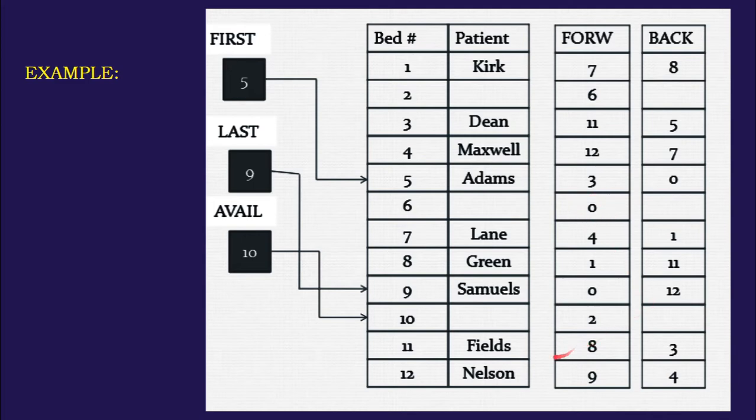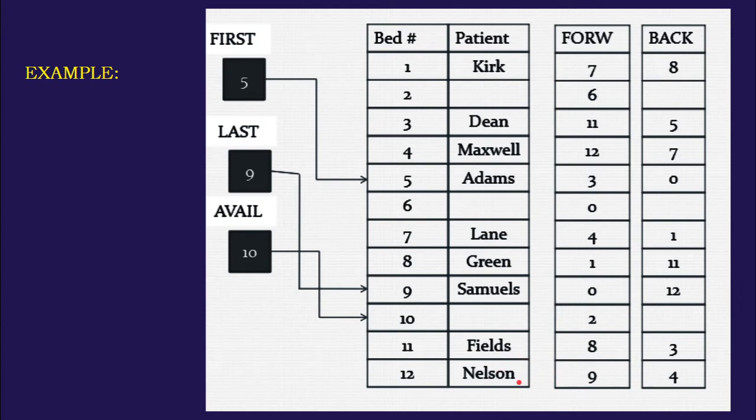So this null pointer implies the end of the list. The advantage of this two-way list is we can go either backward or forward. Suppose I am searching for the patient Nelson, and I want to know who is before Nelson and who is after Nelson. Before Nelson is the back pointer and after Nelson is the forward pointer.